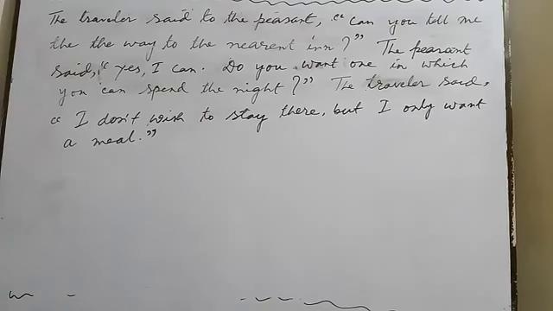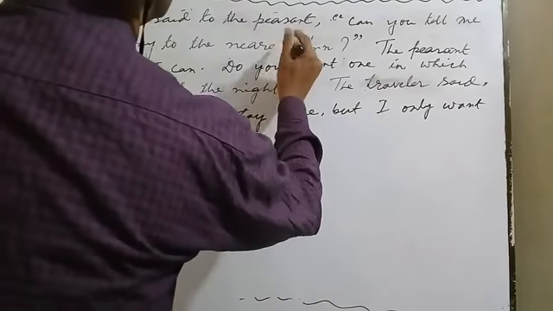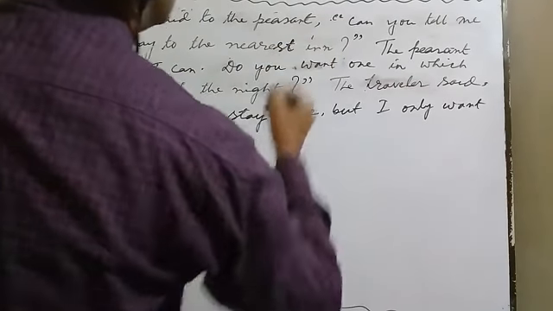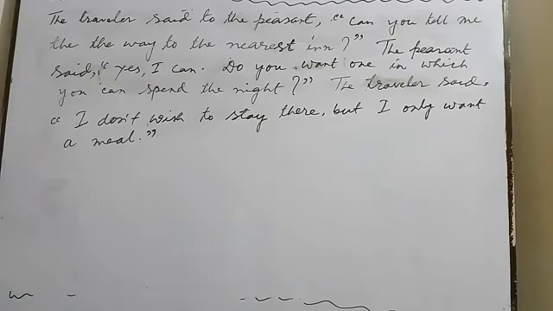That is the question. The traveler said to the peasant, can you tell me the way to the nearest inn? The peasant says, yes, I can. Do you want one in which you can spend the night? That is, the peasant is asking the traveler whether he wanted to stay there, spend the night.